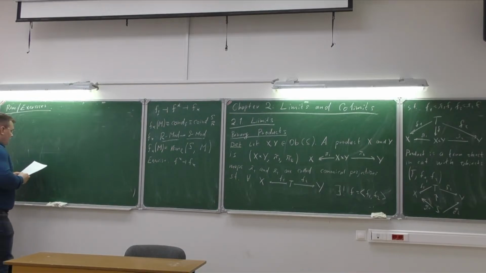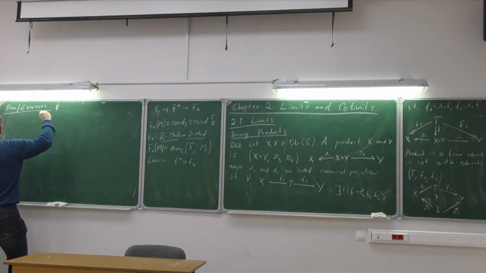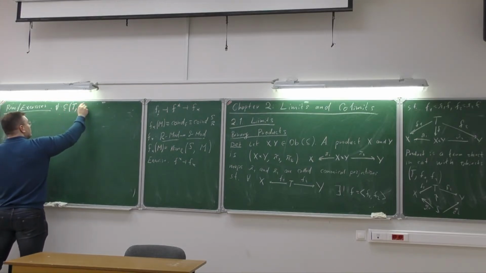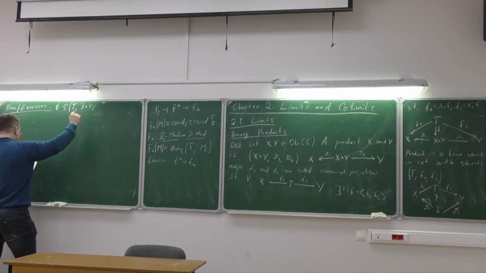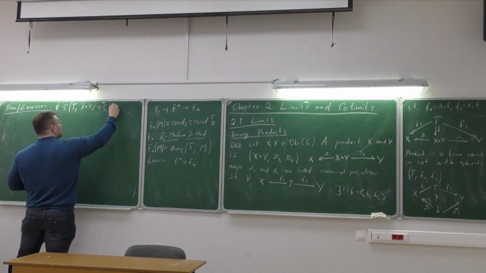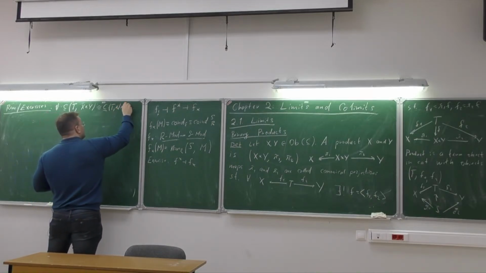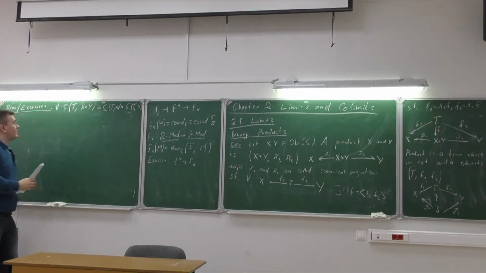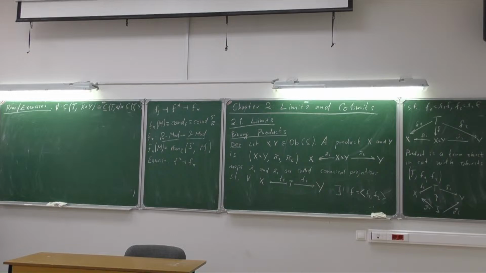So the first thing that you can notice is that if you look at the hom set in the category from some object T to the product of X and Y, this will be the product of homs from T to X and the homs from T to Y, right? This holds in any category, but of course you need to know that from the definition it doesn't follow that the products exist.